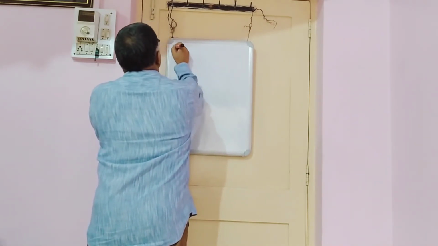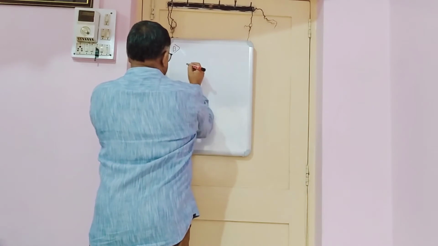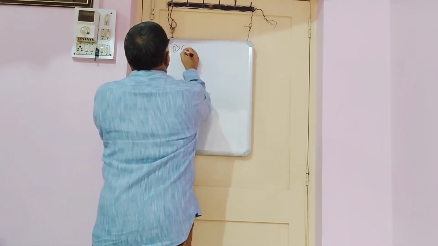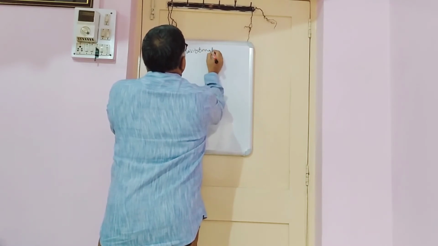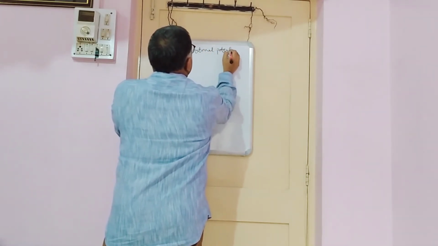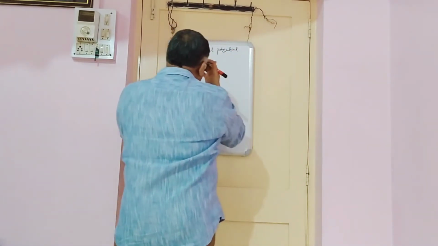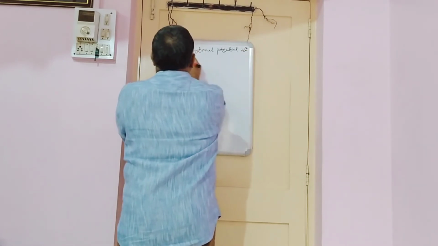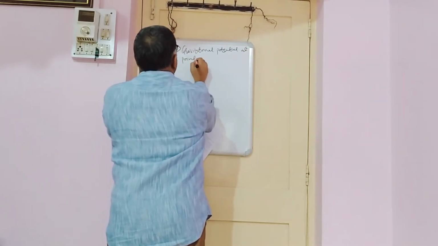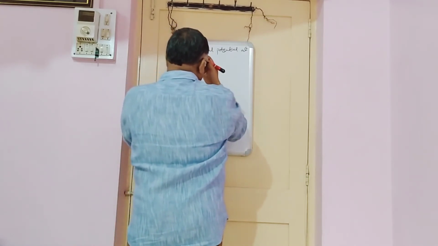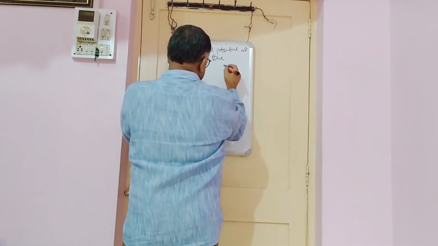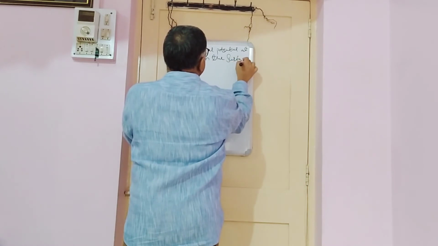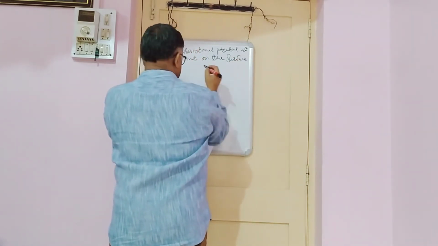Now the second case, or we can say case B, is the gravitational potential at a point on the surface of a solid sphere.